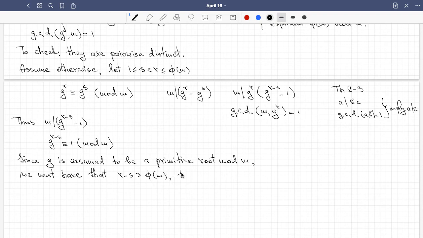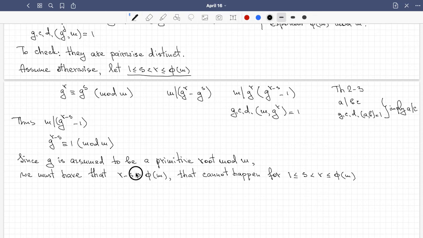And that cannot happen for our choice of r and s. This choice, 1 at most r and s at most phi of M. The difference r minus s is at most phi of M minus 1. It cannot be bigger.